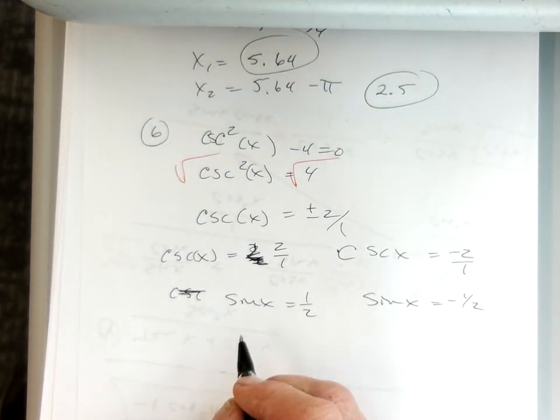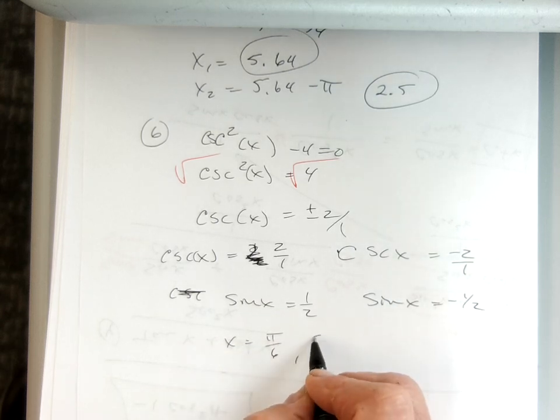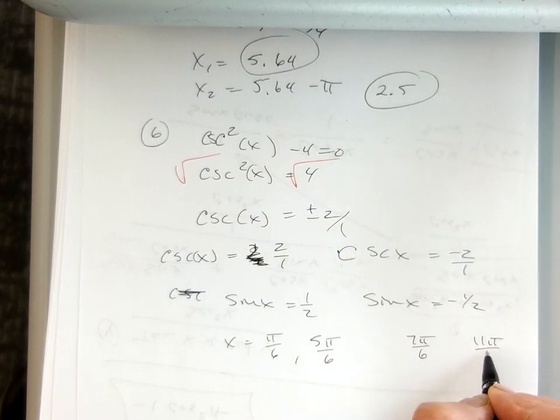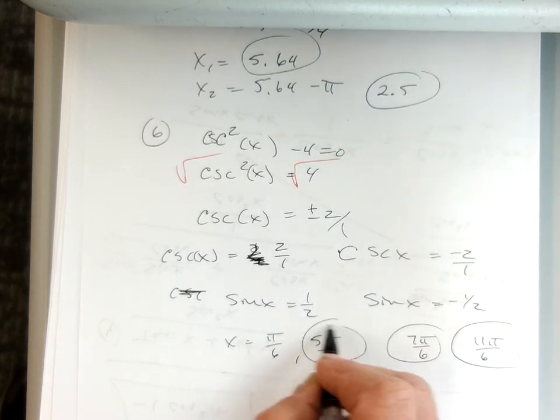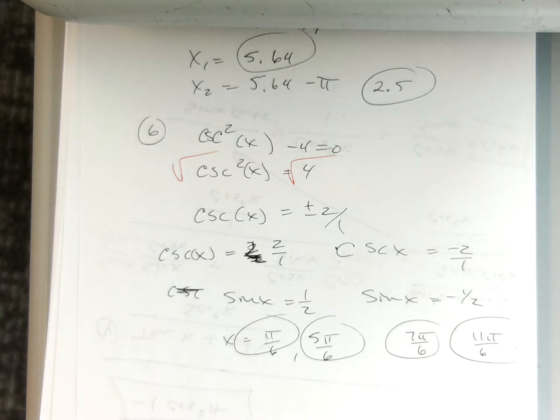So if you look at your unit circle, pi/6 and 5 pi/6, 7 pi/6, and 11 pi/6. Go ahead and check it out, but believe me, those are my radians. And the unit circle's so much easier. You can get a decimal answer of this, but if it's on the unit circle, bam, there they are, right?